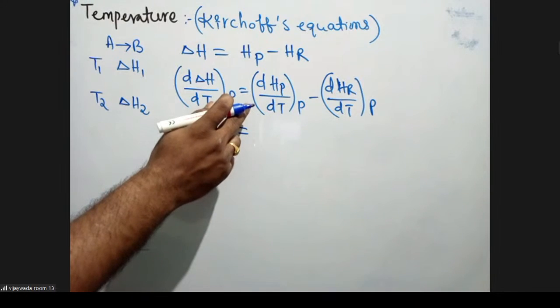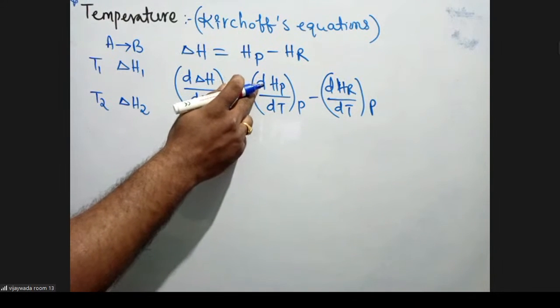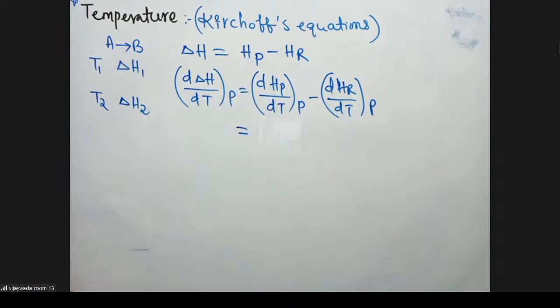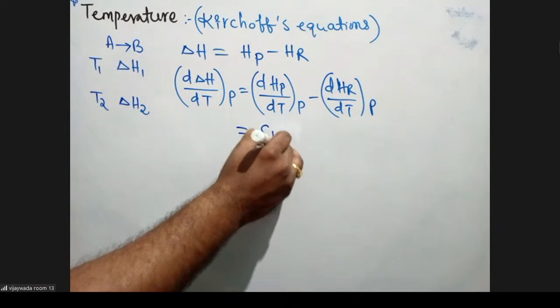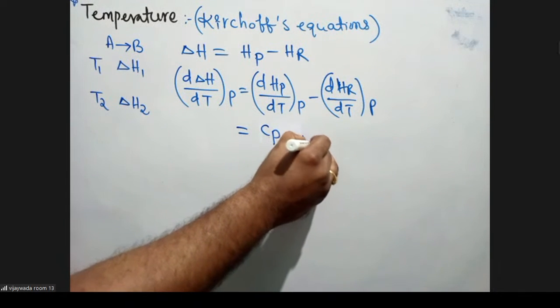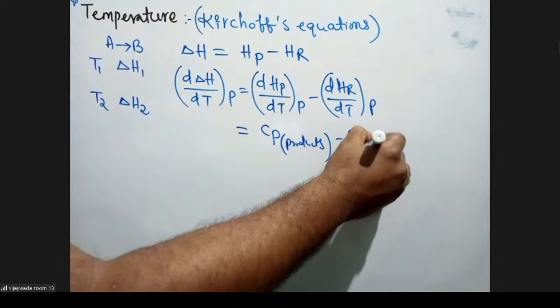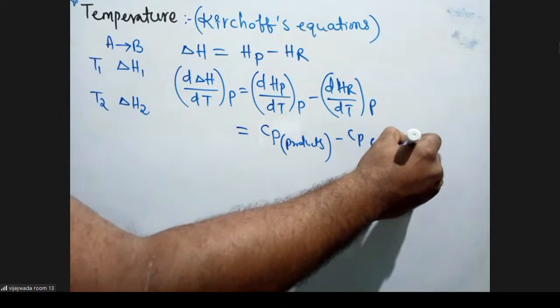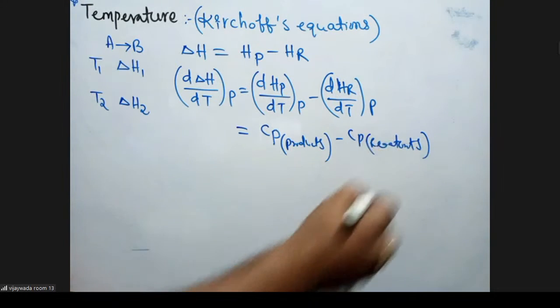Students, we know that dH by dT at constant pressure is called the molar heat capacity at constant pressure, Cp. So that is Cp of products minus Cp of reactants.